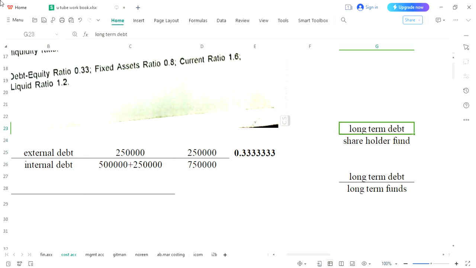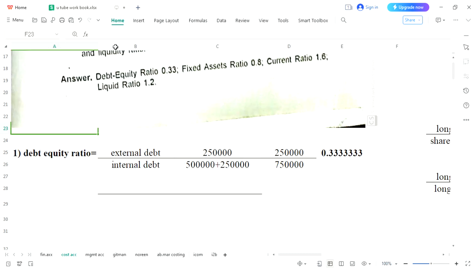So please understand, there are three formulas related to debt equity, but by chance we have applied the first formula, external over internal debt, and we have got the answer. It means our book writer has used this formula. So in the paper you may use any one of these three formulas. Your answer will be considered correct, whatever formula you are using.